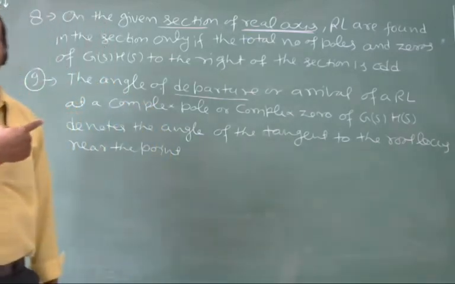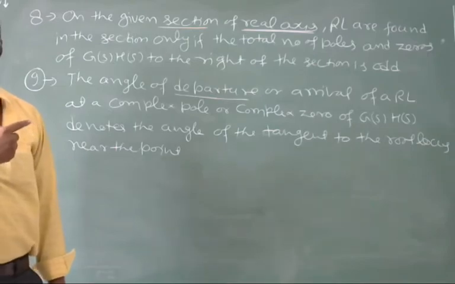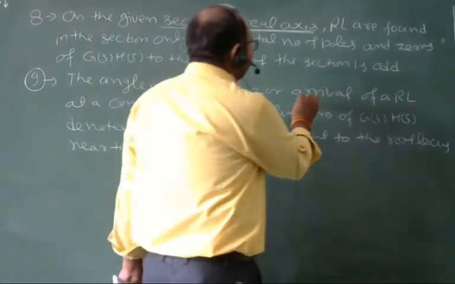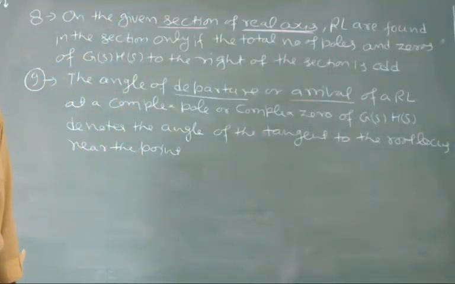Therefore, the angle of departure can be determined only on a complex pole, and angle of arrival can be determined only on a complex zero. Right?